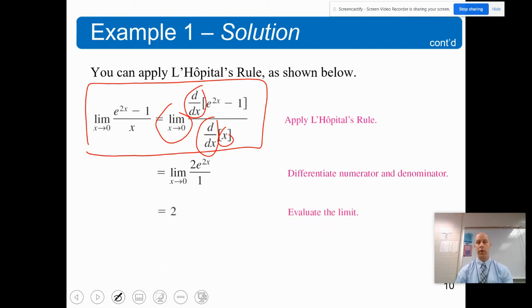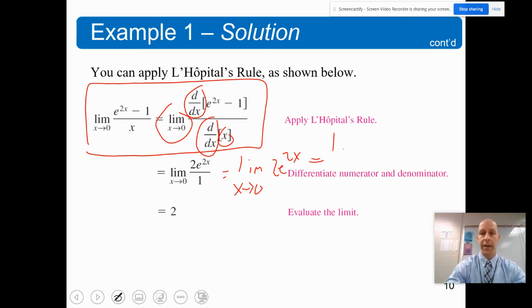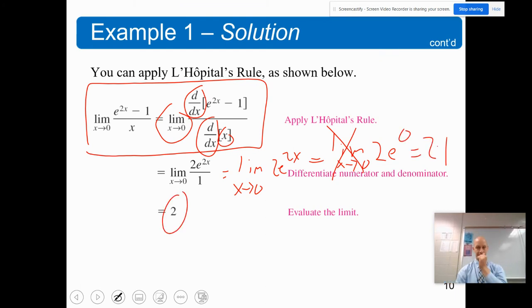In other words, we're just talking about the limit as x goes to 0 of 2e to the 2x. Now we can just do a direct substitution. That gives us 2 times e to the 0, which is 2 times 1, which is just 2.